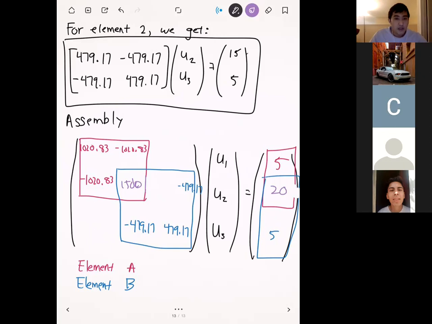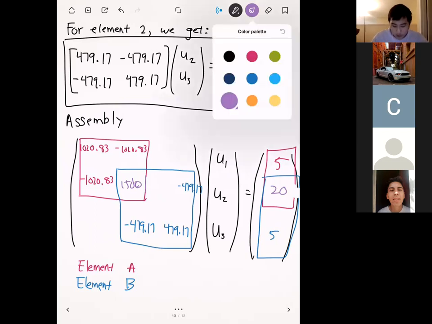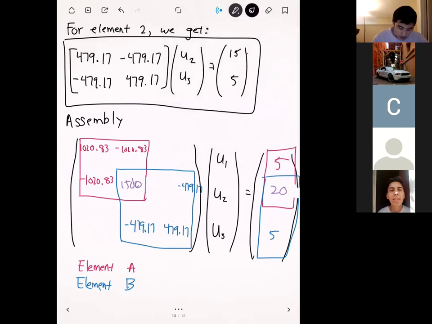And so, this assembly is kind of the exact same process that we've followed before, except now, getting the element stiffness matrices and applying the loads, we take a slightly different approach to it. Okay? And of course, everything that we have not filled in here is just still going to be a 0.